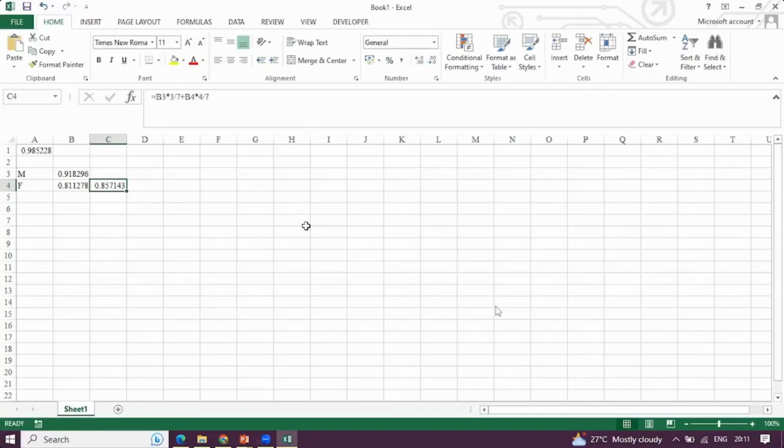We could see that the entropy has fallen to 0.85, so the information gain is around 0.13. So the information gain for gender as a variable is 0.128.